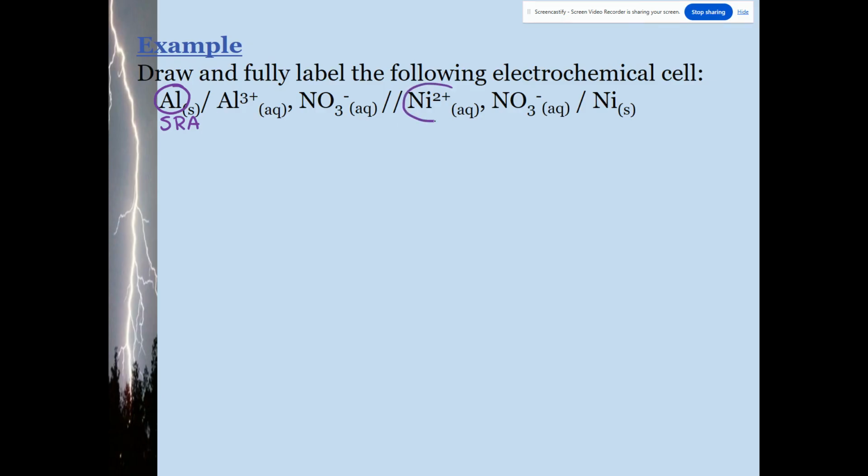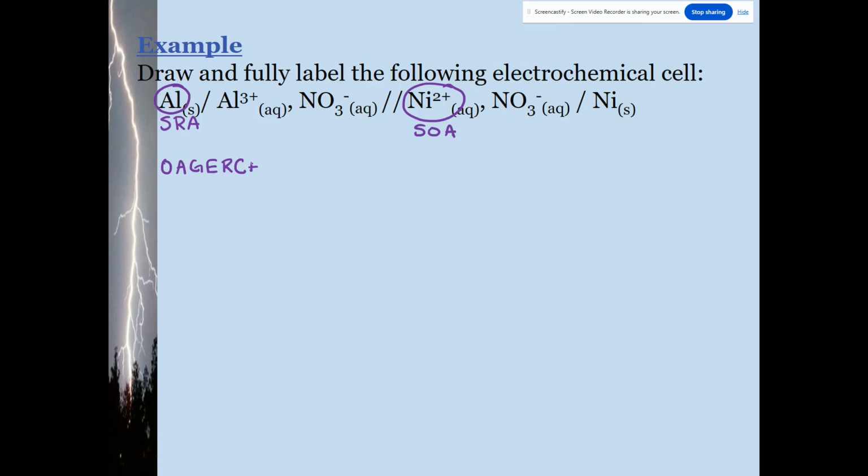And then your strongest oxidizing agent is going to be the ion of the cathode half reaction, okay? Again, you could list everything, find them in the data booklet, and still, like before, find your SOA and your SRA. So my oxidizing agent is going to gain electrons undergoing reduction at the cathode, my positive terminal.